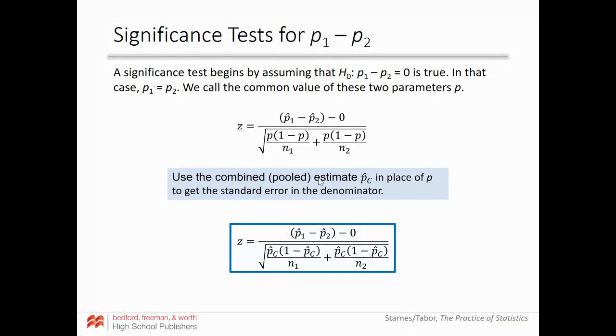So again, we already had that PC, or p hat c. We're going to use the combined pooled proportion in place of p to get our standard error in the denominator. So this is the formula you should use for a pooled proportion, where p hat 1 minus p hat 2, all minus whatever the parameter is, which is almost always going to be 0, divided by the standard deviation.